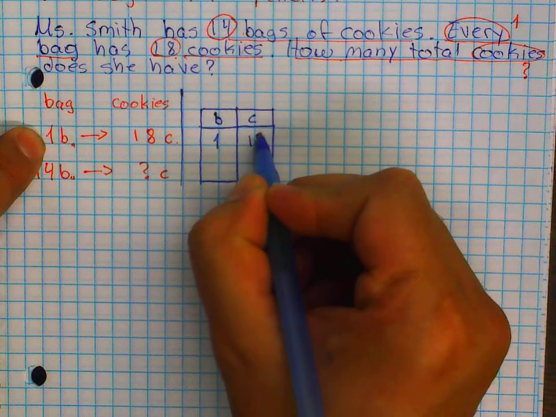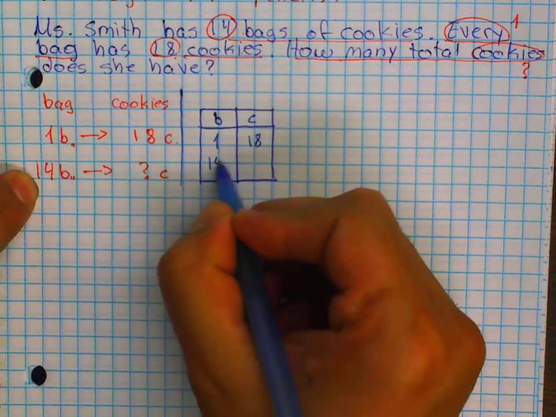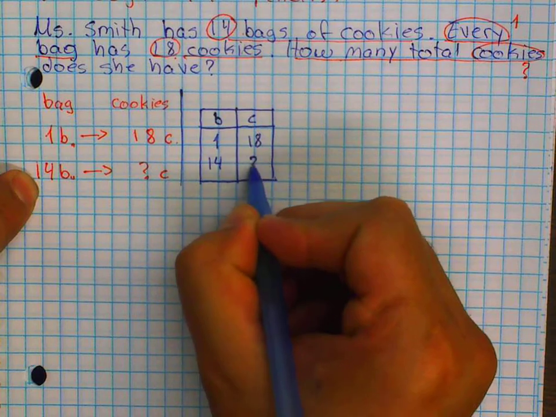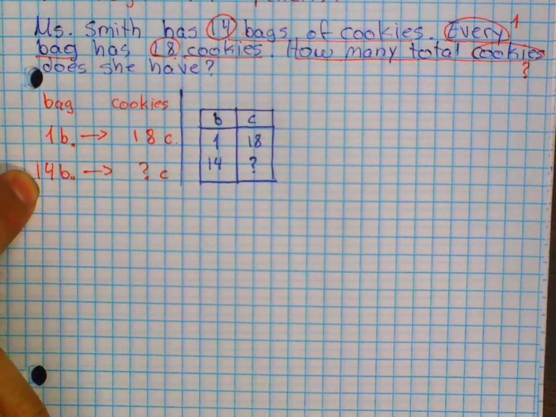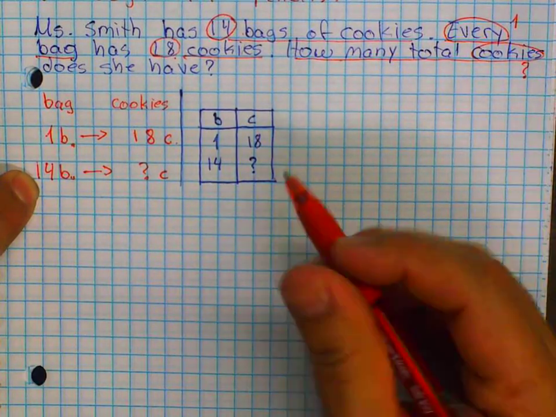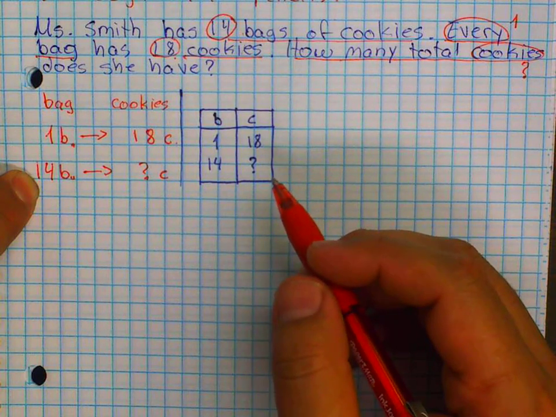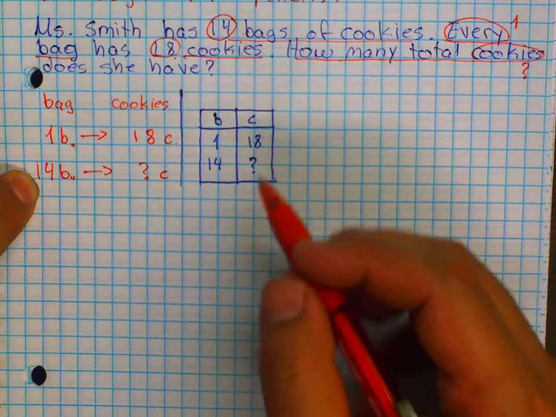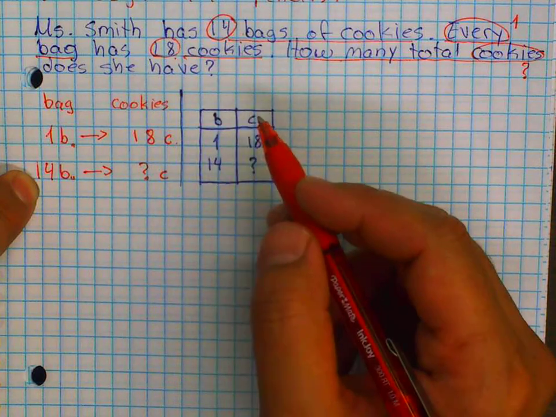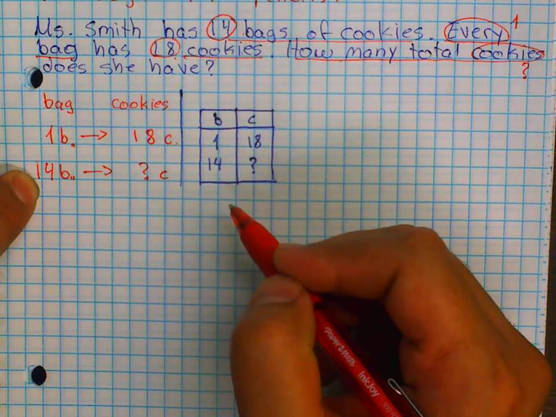In all relationships, whatever I do to one side, I have to do exactly the same to the other side. In my relationship, I always start with the one that has my relationship. Always start with 1.